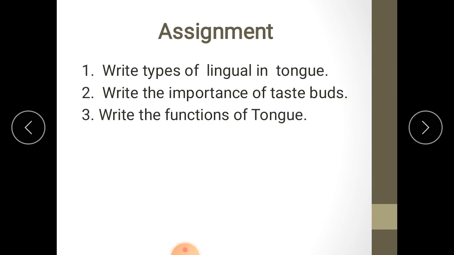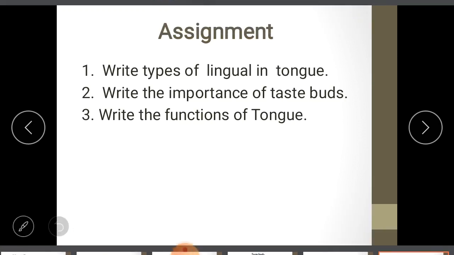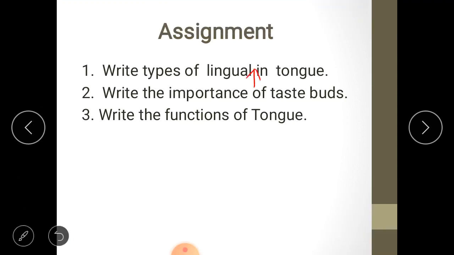First, write the types of lingual papillae. 4 different types of papillae are present on the dorsal surface of the tongue.